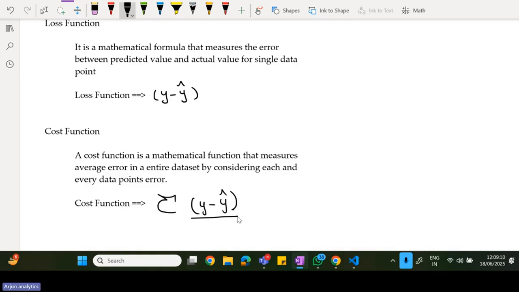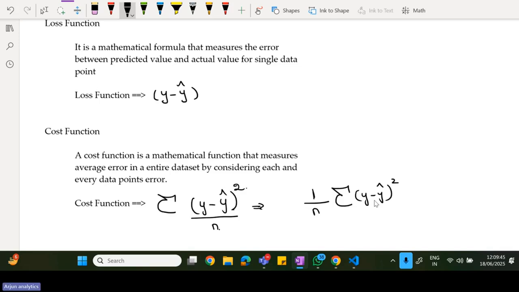In short form, we can write it as 1 by n summation of y minus y hat whole square, or absolute, anything you can go with. This is called the cost function.